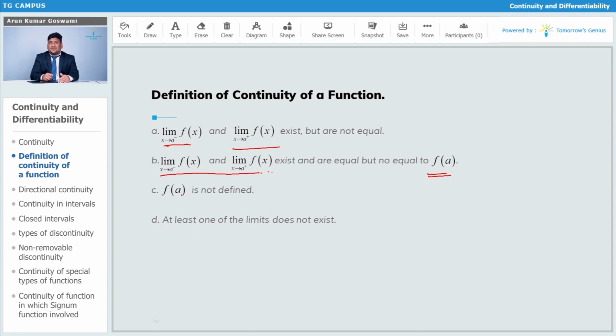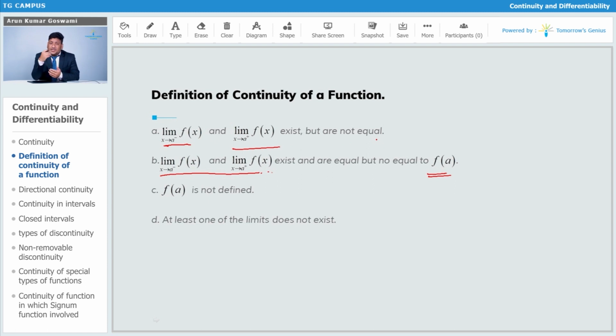So if my function exists, my limits exist, but they are not equal. See, limit existence and limit equality are different things. My limit exists means we are getting a finite value for that limit, but for continuity both limits should be equal. So the limit exists but they are not equal, so that is a point of discontinuity.